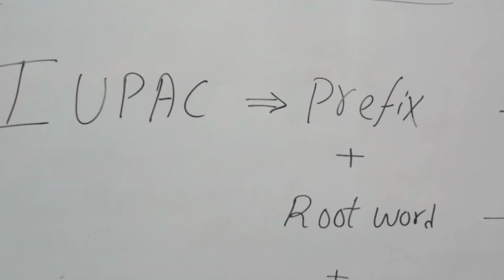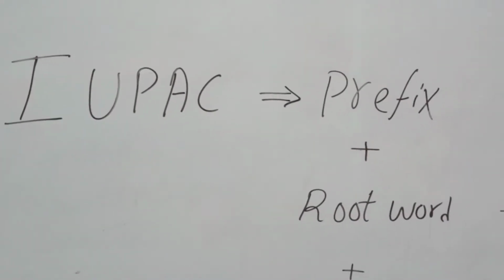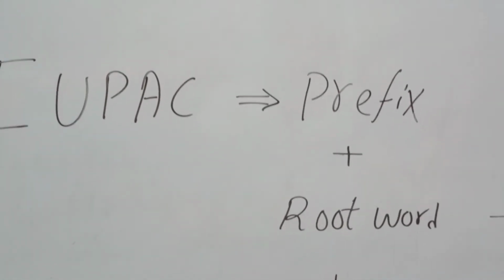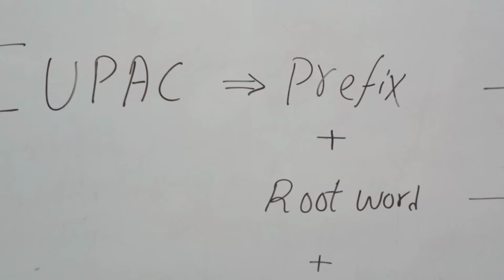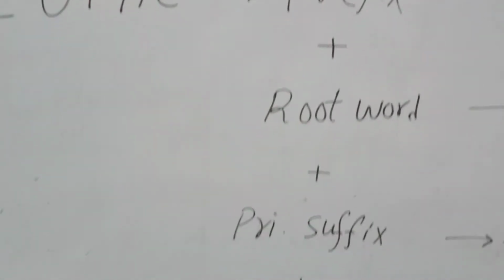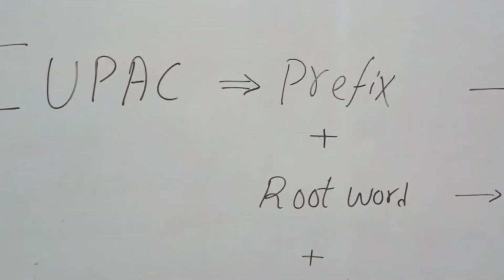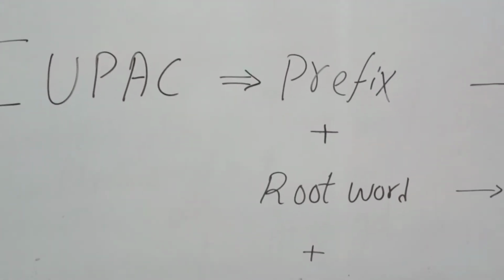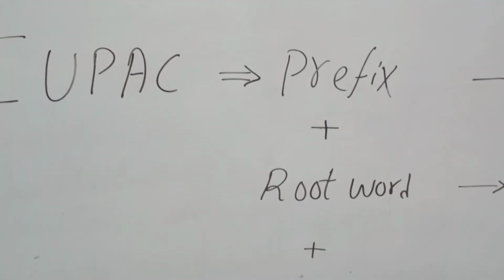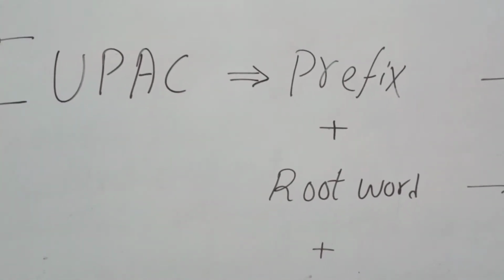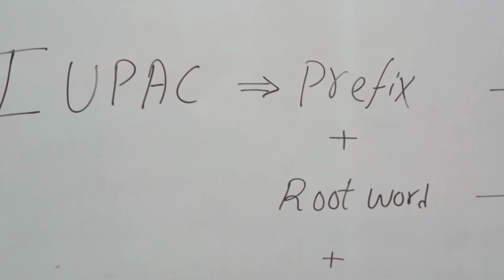So, as per IUPAC protocol, the naming of an organic compound consists of following four components which you can see here. So, whatever the name of an organic compound is there, it consists of the very first component, that is the prefix.